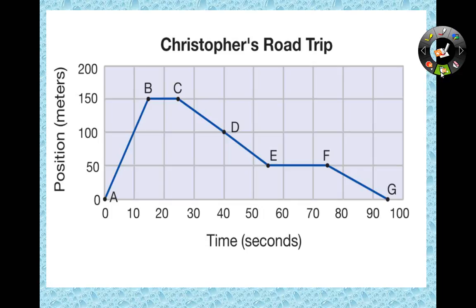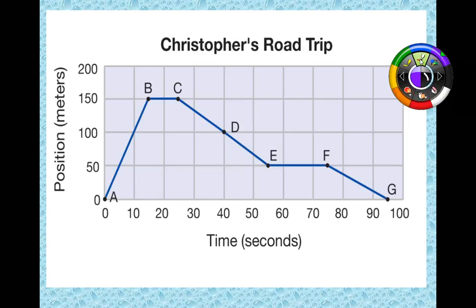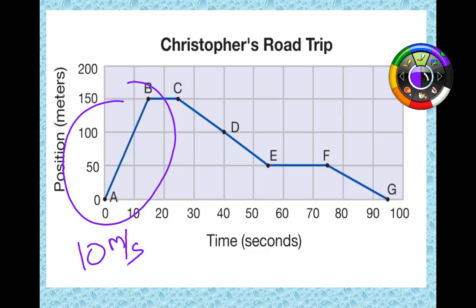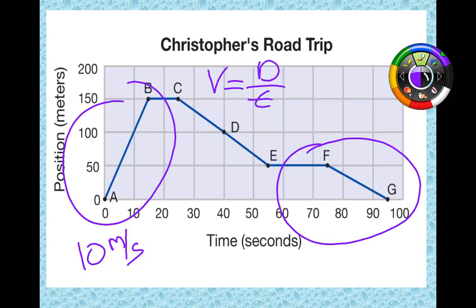Last question on Christopher's trip. Is Christopher traveling faster between points A and B or G and F? You recall that between points A and B, he was traveling at 10 meters per second. Now we're asking about this section of the graph. Let's figure it out. Velocity is equal to distance divided by time. What is our distance?